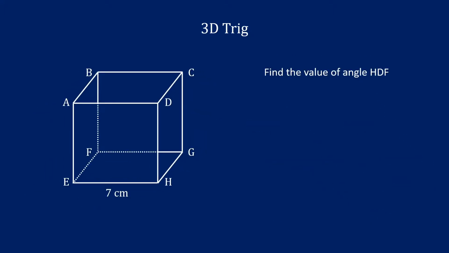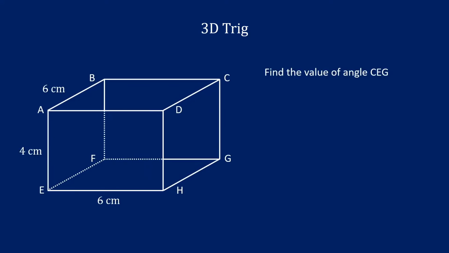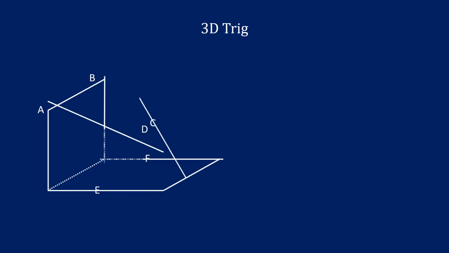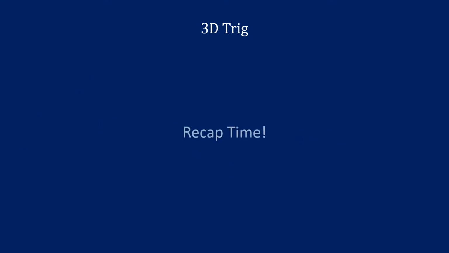All right, pause here, come back when you got an answer. It should be 54.74. One more, pause here, come back when you got an answer. It should be 25.24. Pause here, come back when you got an answer. You should get 16.04. All right, that's pretty much it.